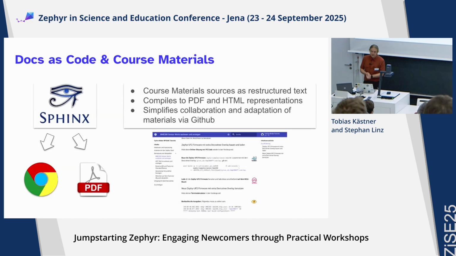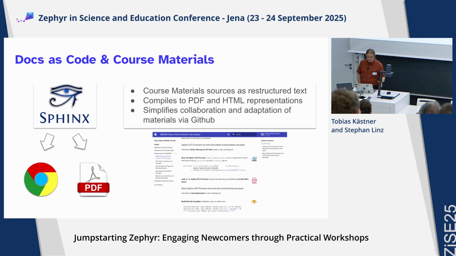And then the materials themselves, we provide, or we started writing them up as docs as code. So we both serve a static website, which is freely available online, as well as PDFs. We're using Sphinx, a documentation generation system, which is also being used by the Zephyr project, by the way, for the Zephyr documentation.